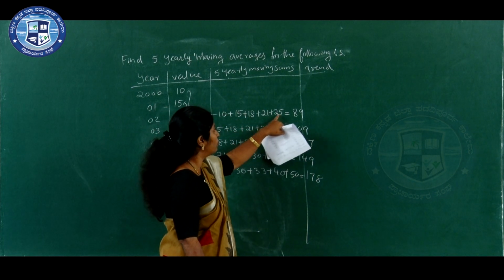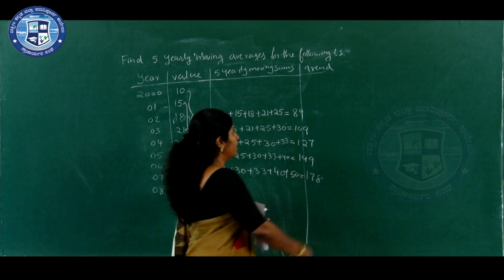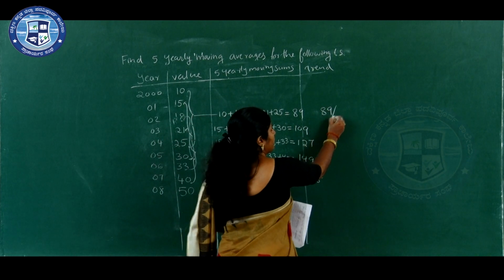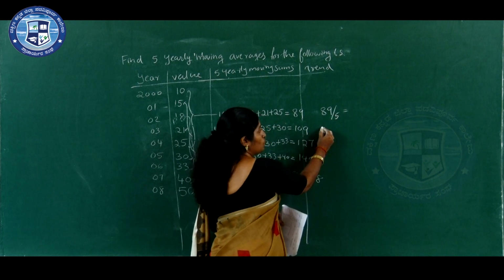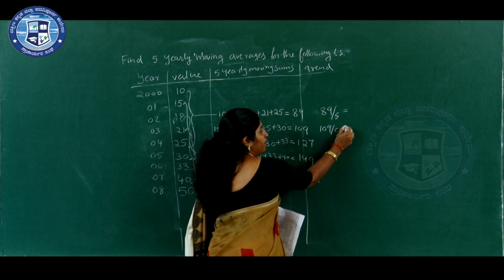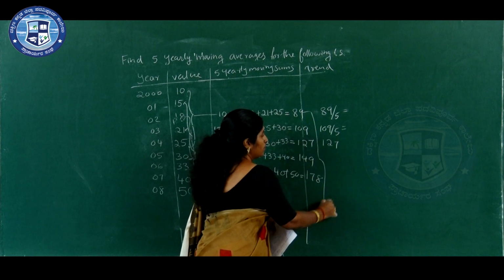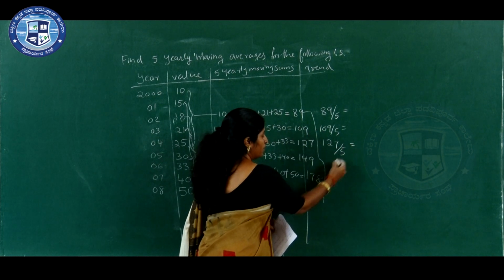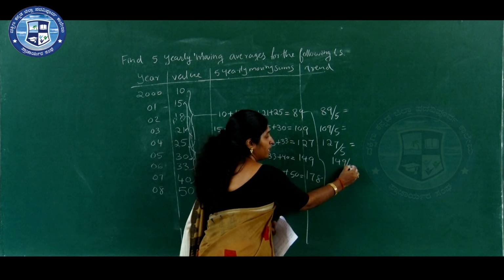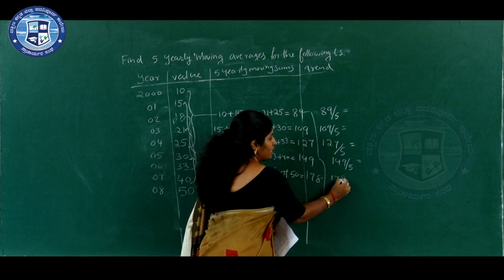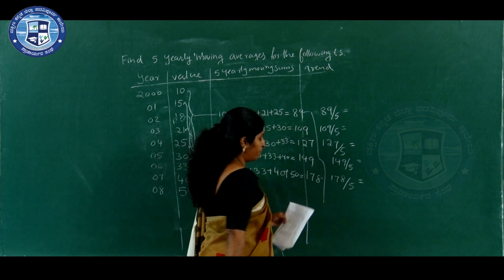So, 89 divided by 5. The next one is 109 divided by 5. Next 127 divided by 5. Then 149 divided by 5. Then 178 divided by 5.